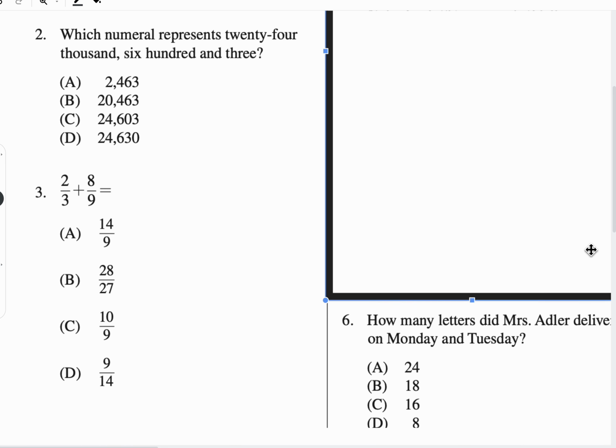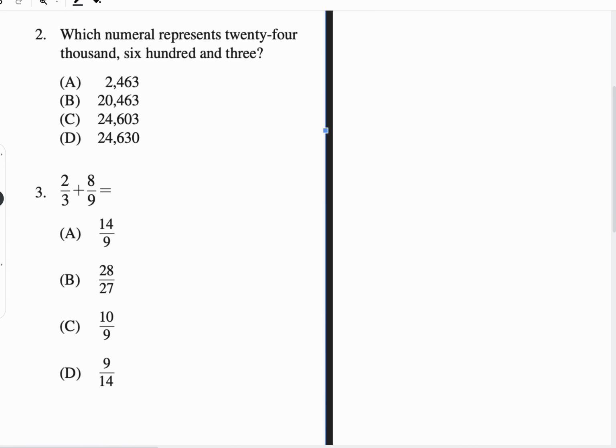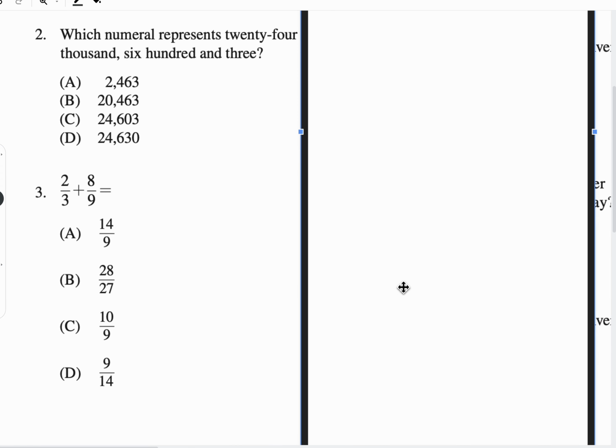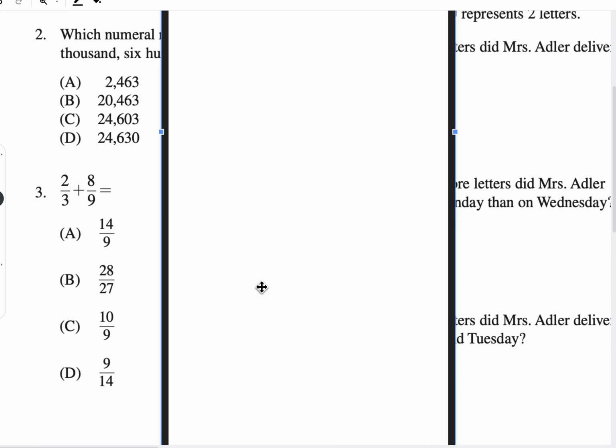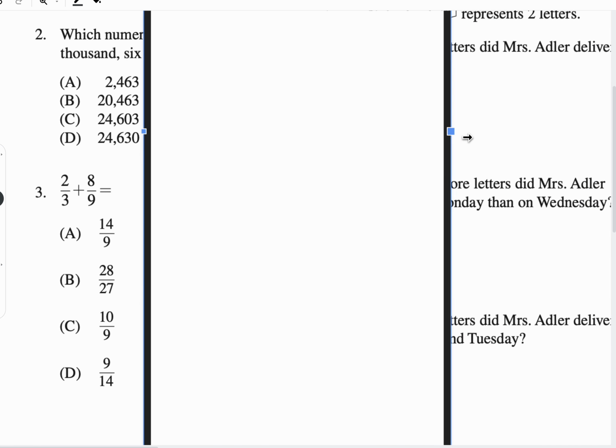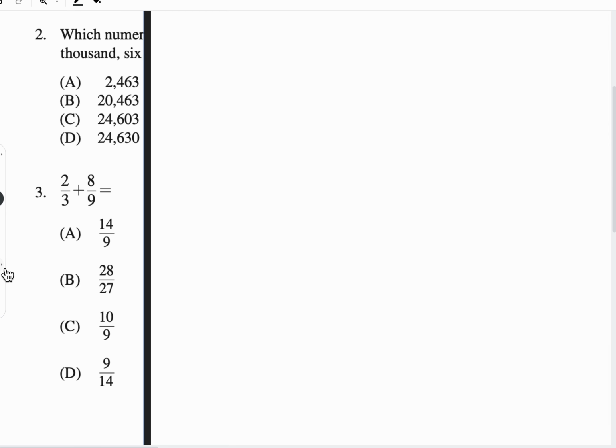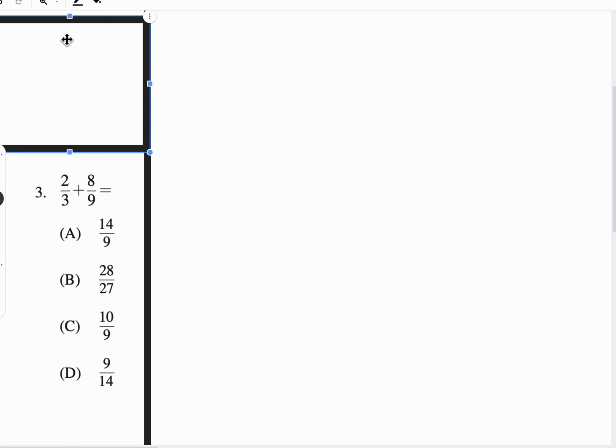Great, let's take a look at number 3 together. 2/3 plus 8/9. When adding fractions with unlike denominators, we'll need to find a common denominator first.